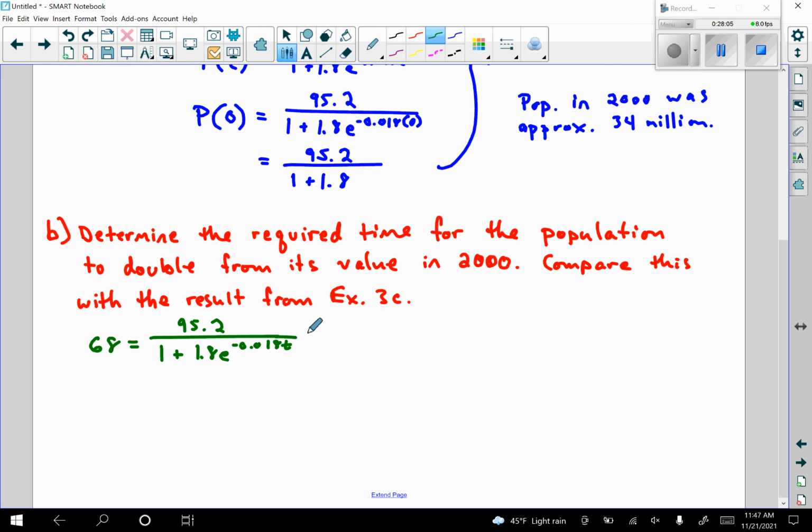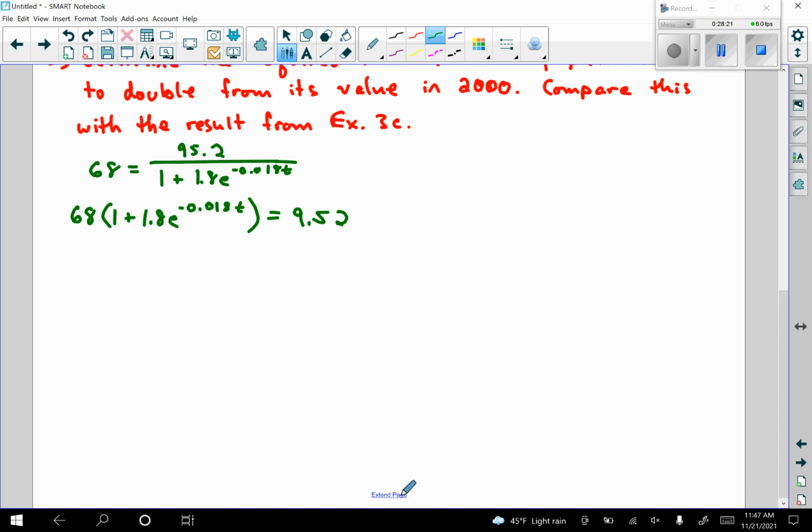So I'm going to multiply both sides by this denominator. So we're going to get 68 times this denominator quantity, and then that's going to equal 95.2. And then we'll just switch it around. Now we'll divide both sides by 68.